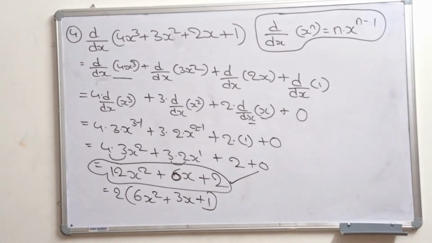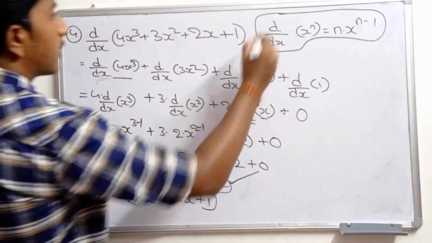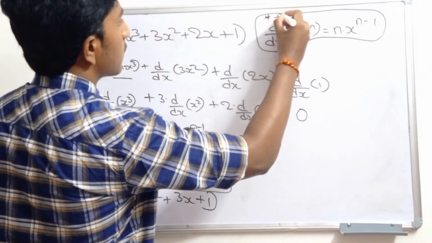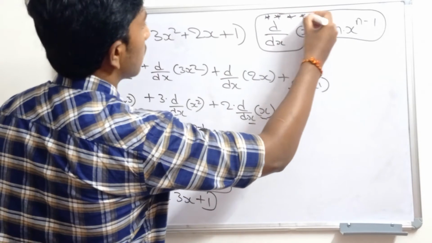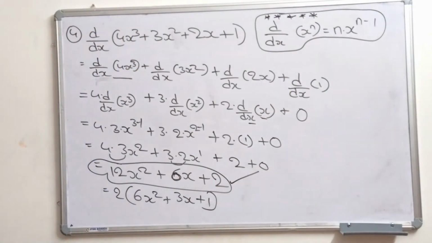On the count of 3, I am erasing the board, guys. Come on. Mark these formulas, guys. For each and every problem, whichever formula we use, I will be writing it in this way. Come on, guys. Done with it?